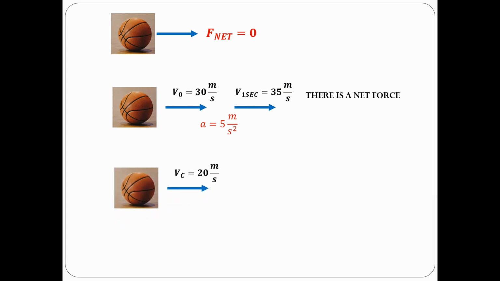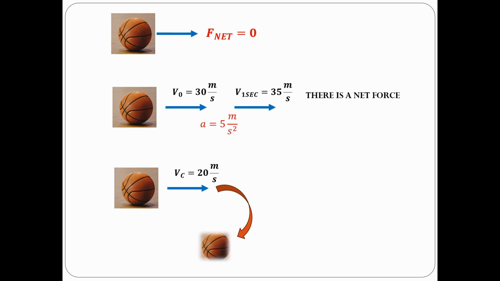Now let's say a ball travels at a constant speed of 20 meters per second, but it is turning also at 20 meters per second. Is there a net force acting on the ball? The answer is yes. Notice that the ball is not moving in one direction only. It changes its direction.